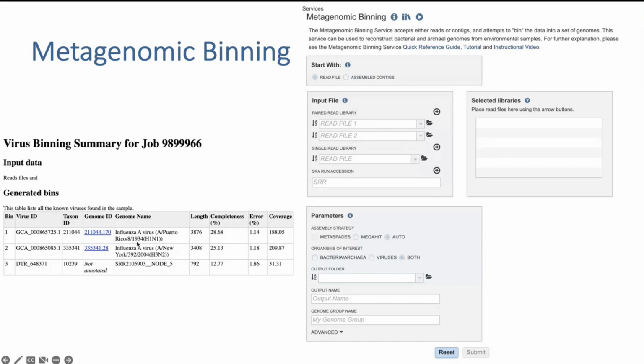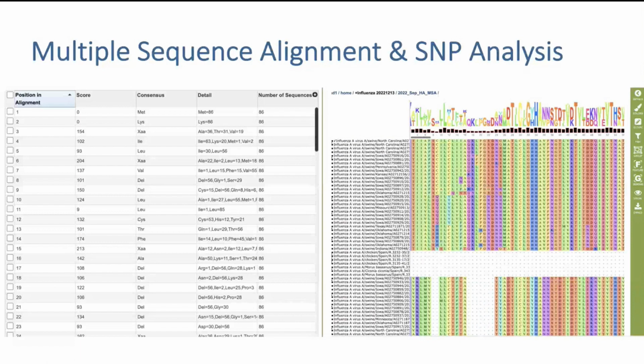So I have my influenza A virus, similar to this Puerto Rico strain, and influenza A virus, similar to this New York strain over here, and this mystery virus in the third bin. But it's a great service, and I encourage you to explore it and see what you get. If you're not busy over the weekend, it's fun to just dig through SRA sometimes.